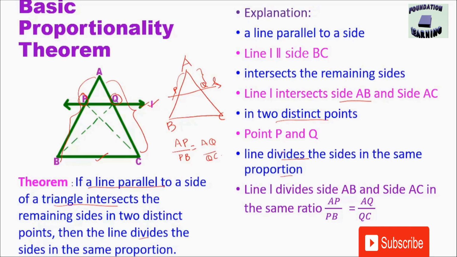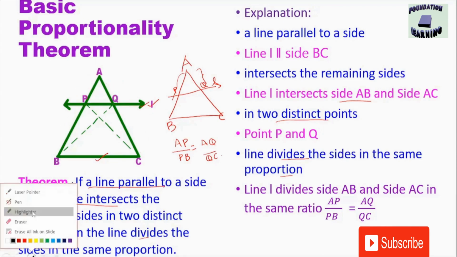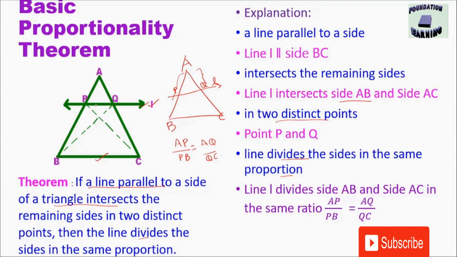Now this line is dividing the sides in the same proportion. Which sides? It's dividing AB and this side, AC, in the same proportion. That means which proportion?